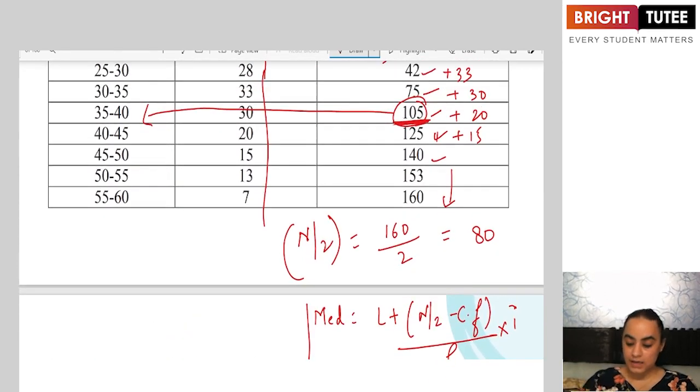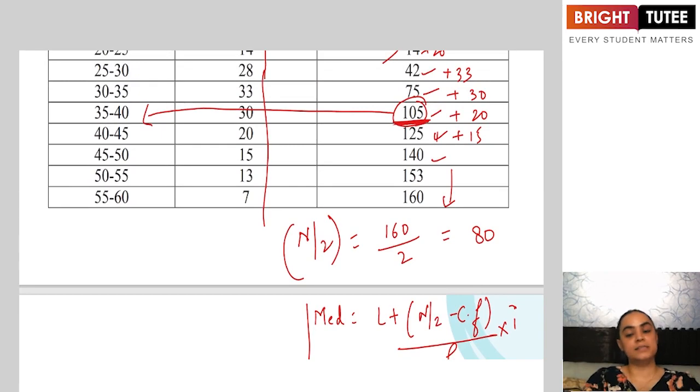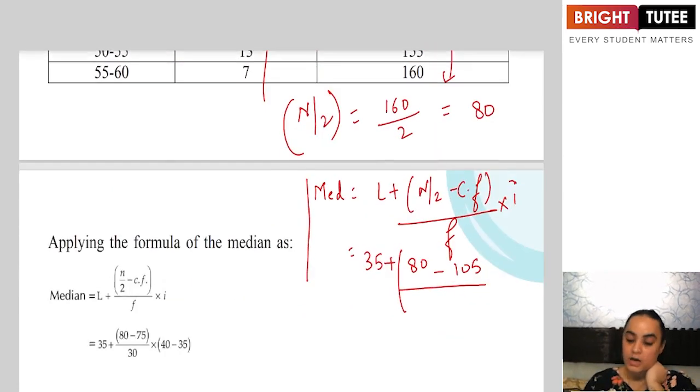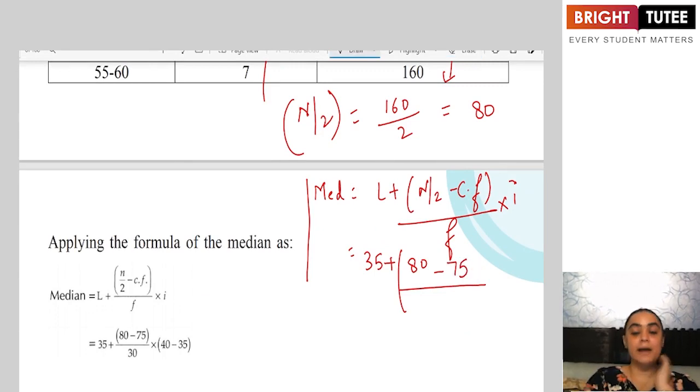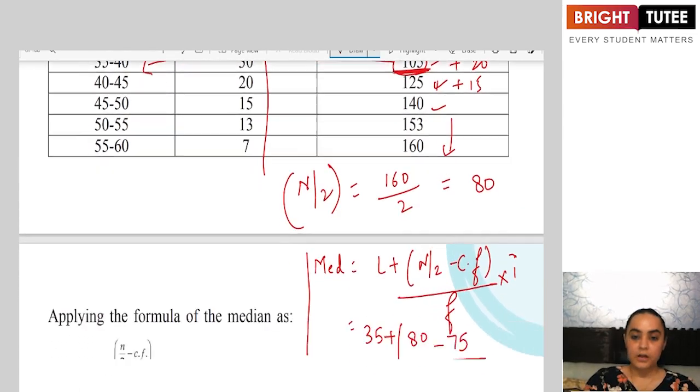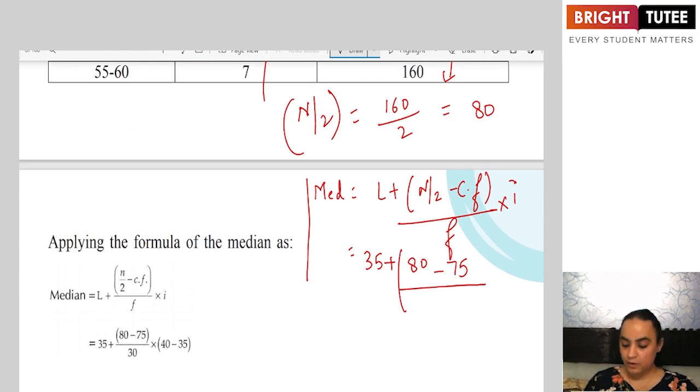So it is not 102, but rather, I'm really sorry, it is 75, divided by the frequency of the median class. So 30, and i is 10.